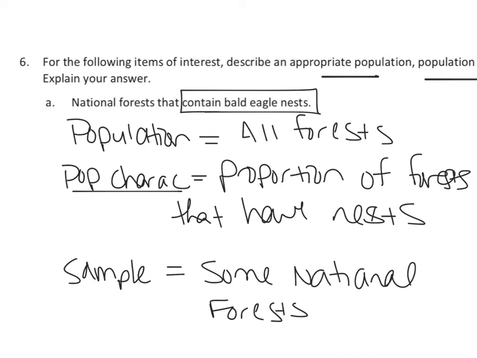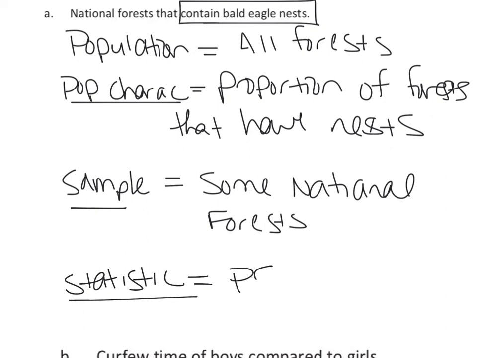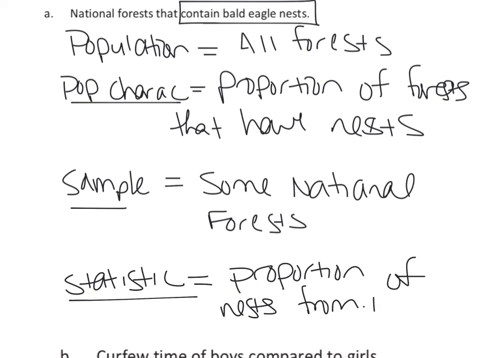That would be my population characteristic. A sample statistic, because that's what we get from a sample, would be very similar to the population characteristic, except there would be a proportion of nests from the sample. So say I had 50 out of 100 that had bald eagles' nests.